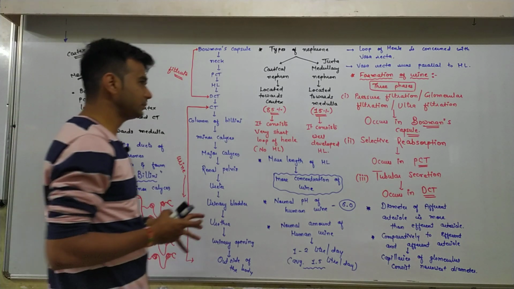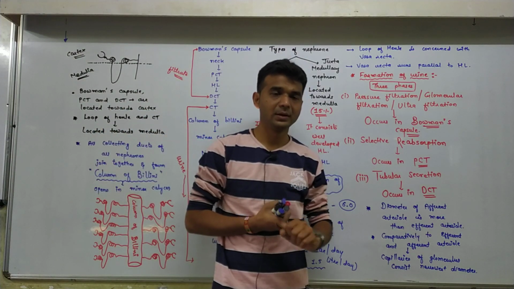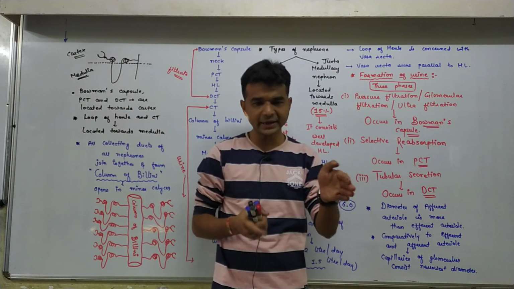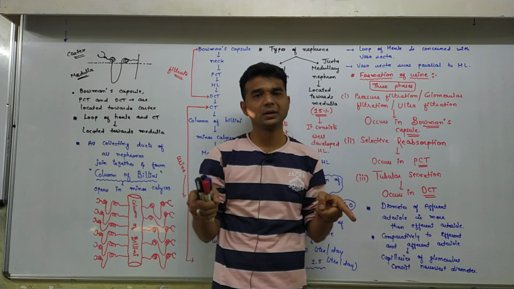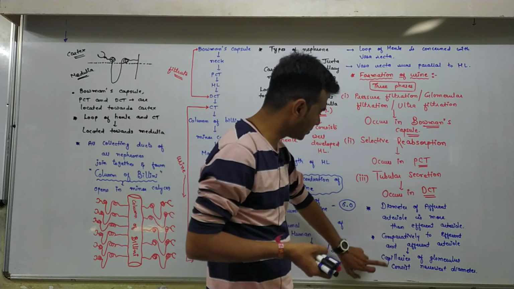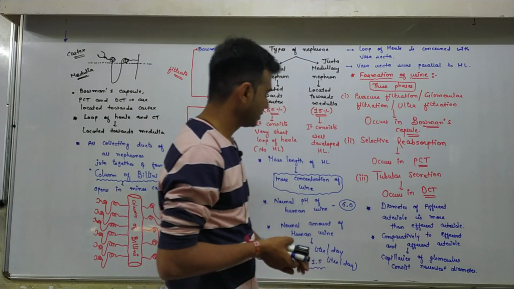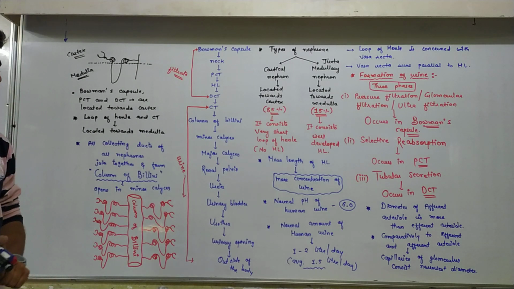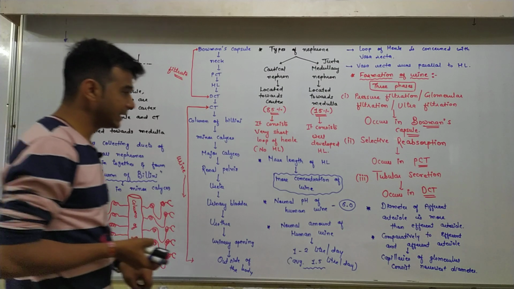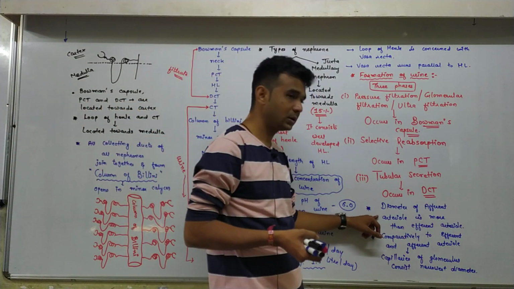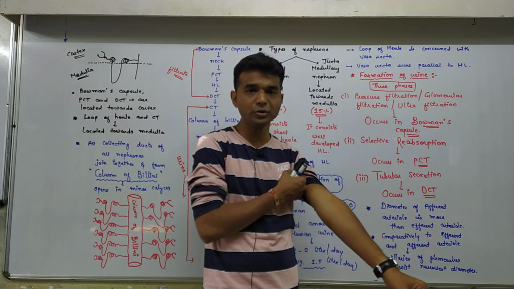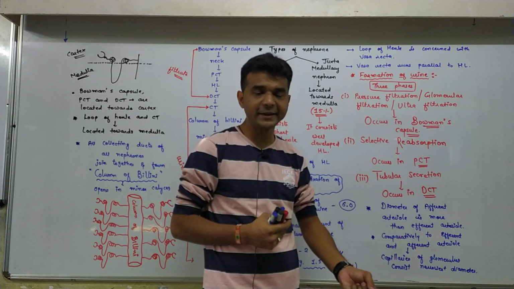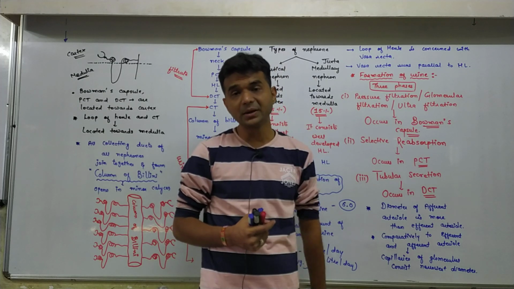And when you compare both the arterioles, the capillaries present in the glomerulus have a narrow diameter. In the afferent arteriole, as I told you a few seconds ago, 70 mmHg blood pressure is there.